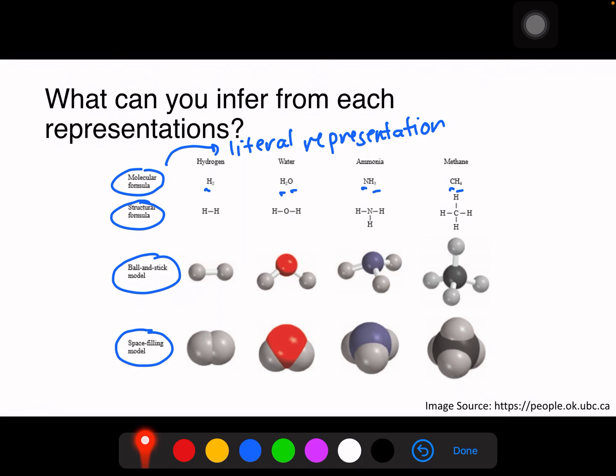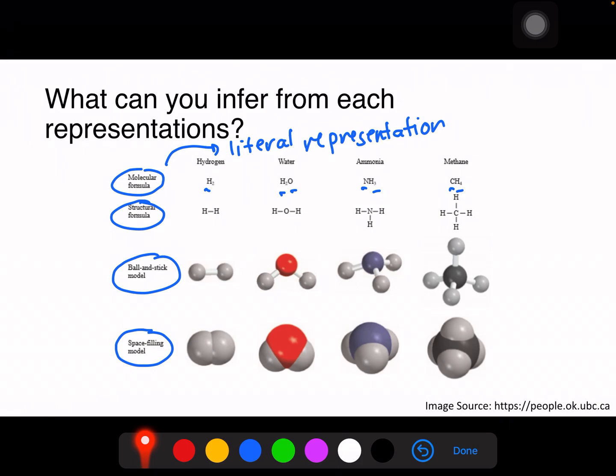So for example, of course we have this hydrogen bonded with another hydrogen, but as you can see on water, the hydrogen bonded to oxygen and then bonded to another hydrogen, their spatial arrangement is in a bent form, which is totally different with the structural formula.